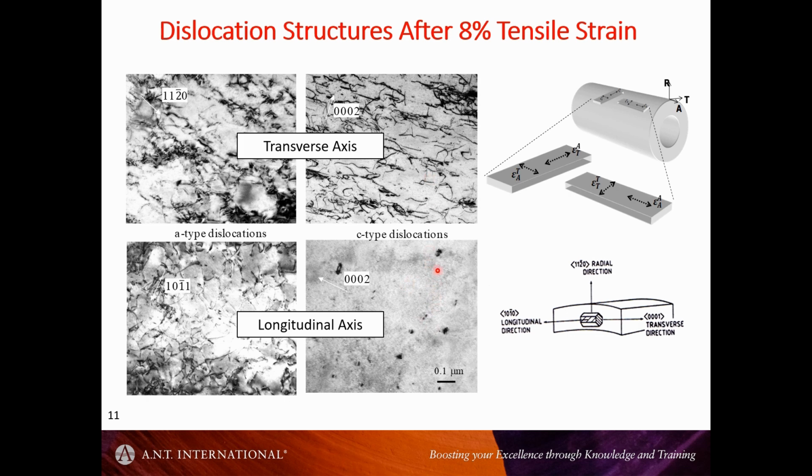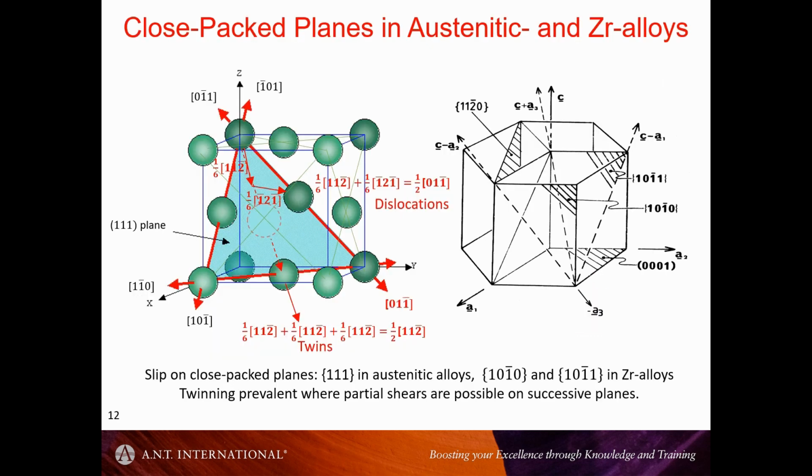For that type of dislocation, you basically don't have any. You only produce the A type dislocations. What do I mean by that?